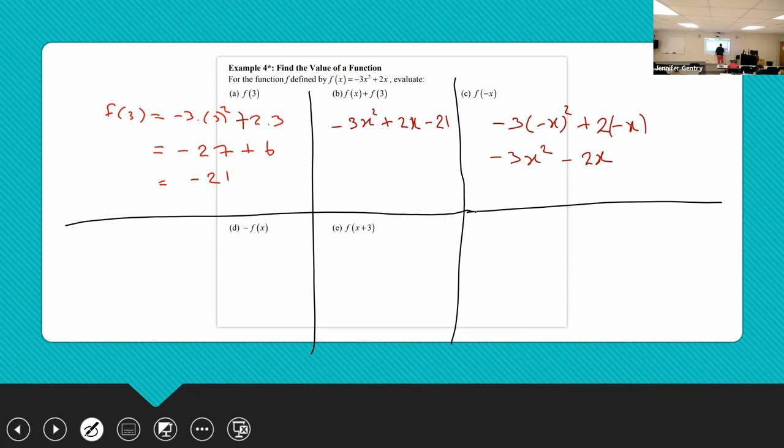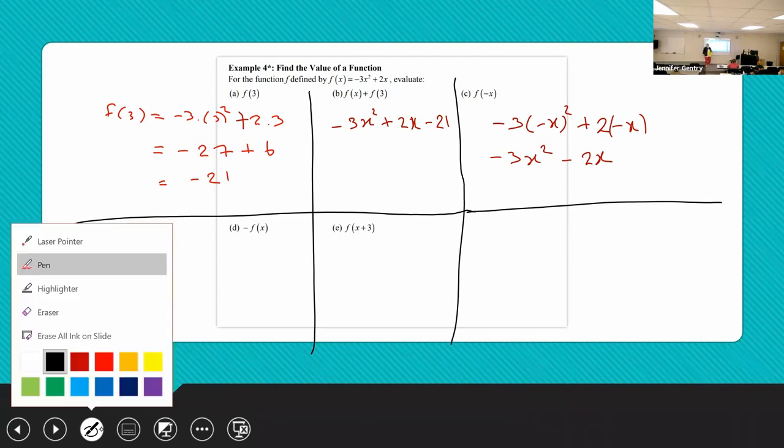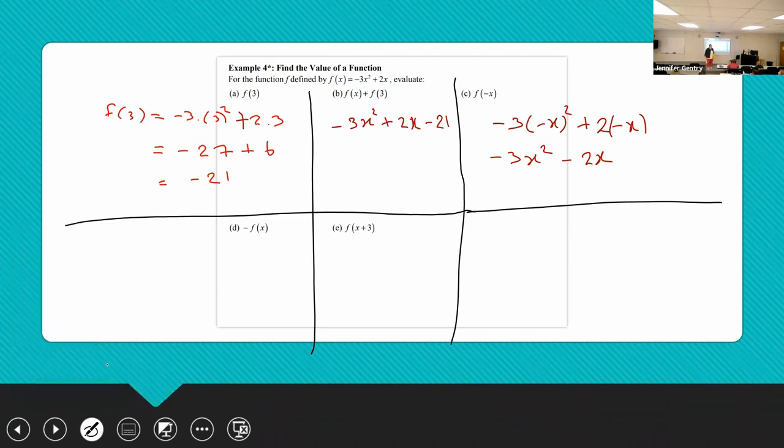I'm going to get rid of some of my chicken scratch so it helps out a little bit. D over here, minus the function. What am I going to do here? Flip all the signs. Look at you go. Because I'm going to do minus negative 3x squared plus 2x.